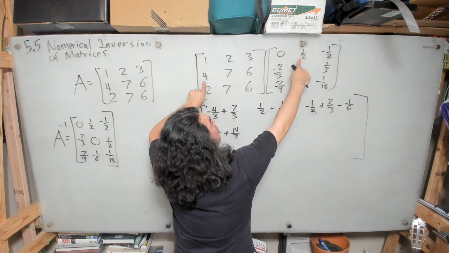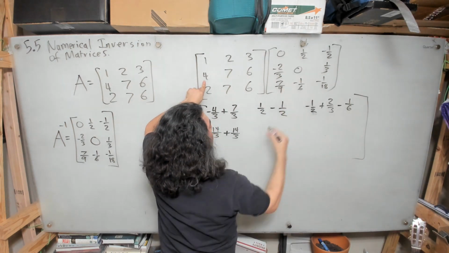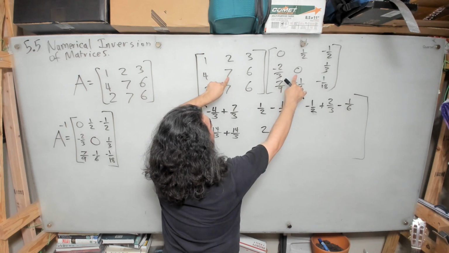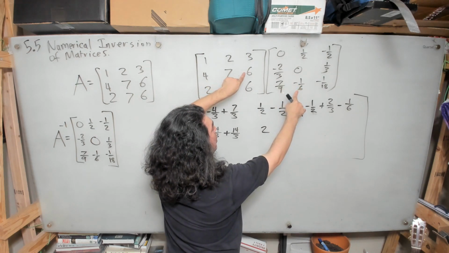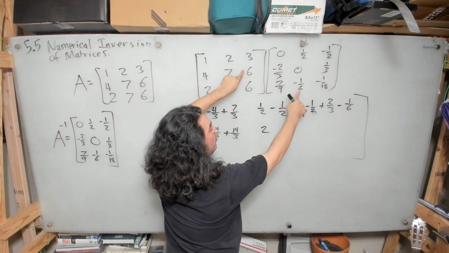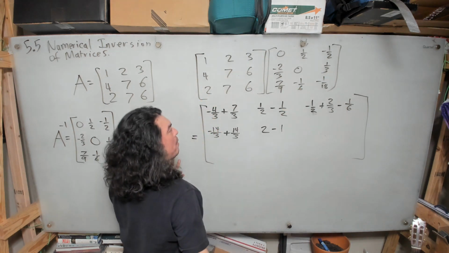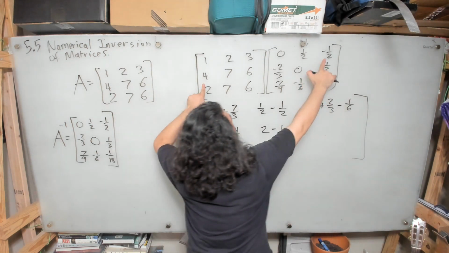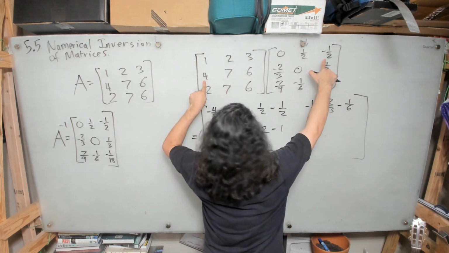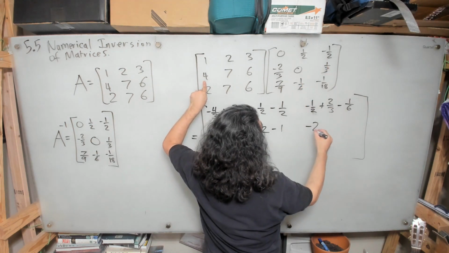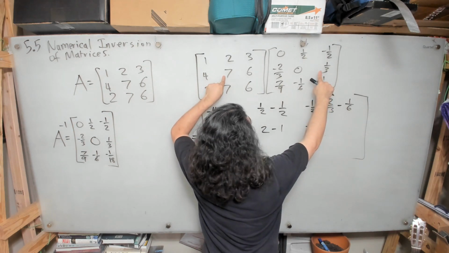Here, 4 times 1/2, that's 2. Plus 0, minus 1. You see 6 times 1/6 is 1. But it's plus minus, so it's minus 1. Okay? Then, finally, 4 times negative 1/2 is negative 2. Plus 7/3.